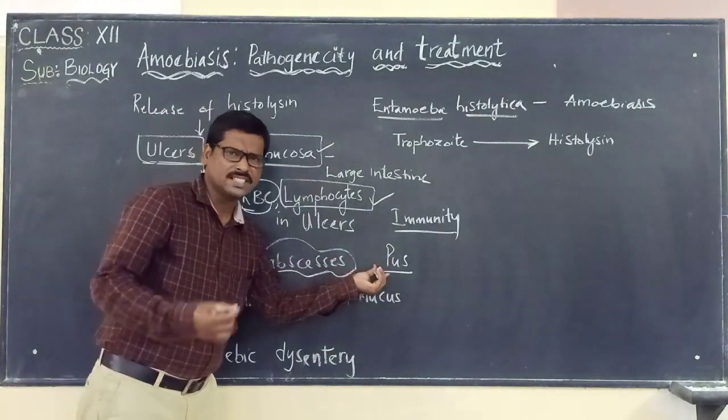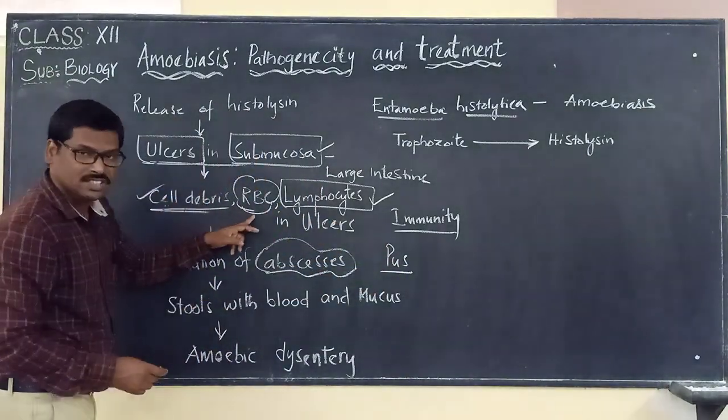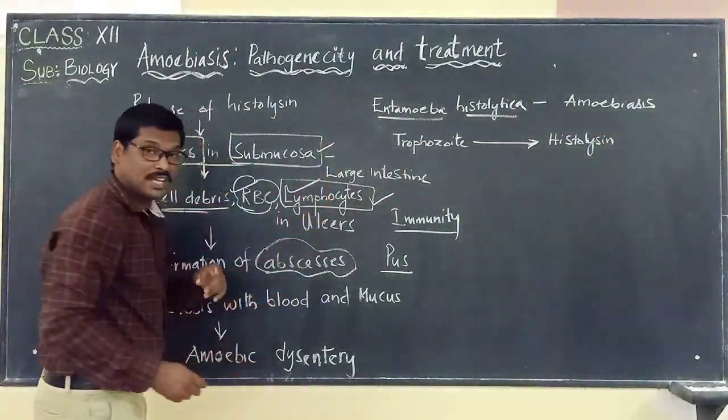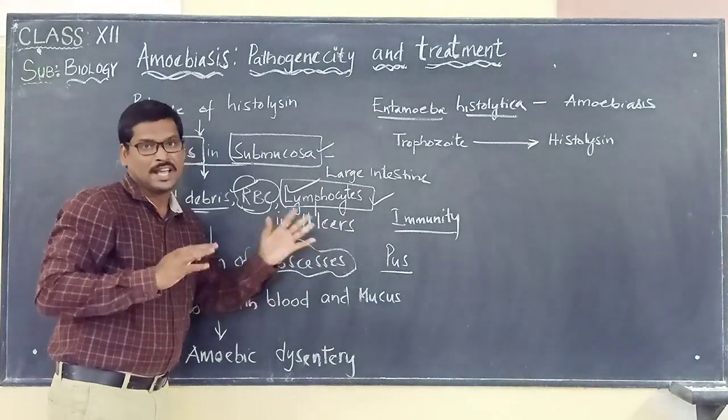What does this pus consist of? It consists of nothing but the cell debris, RBCs and the lymphocytes that are trying to attack the pathogen causing the ulcers.